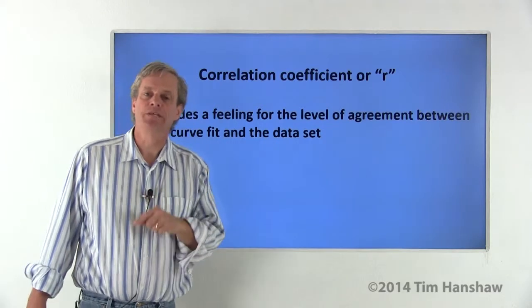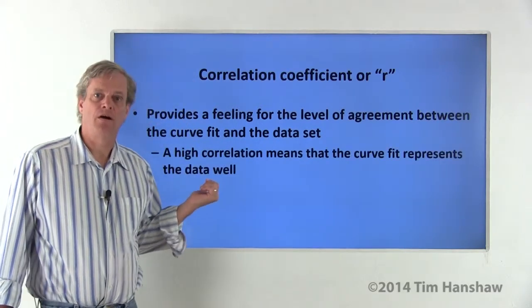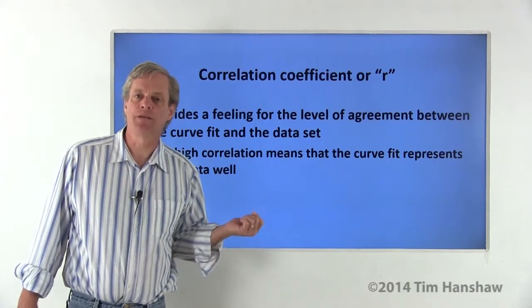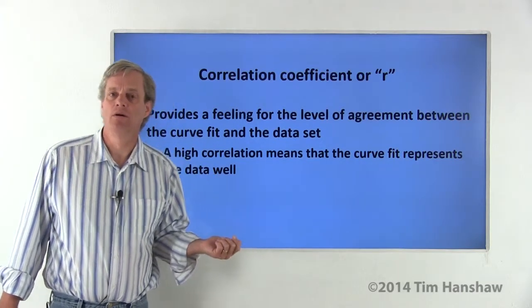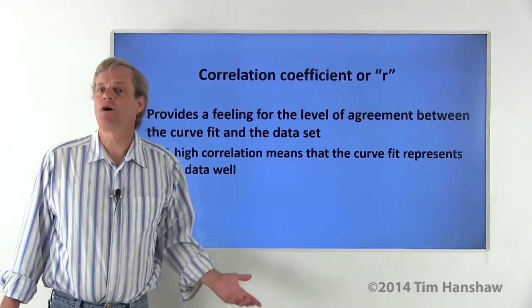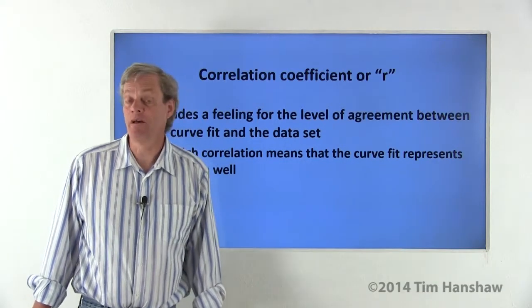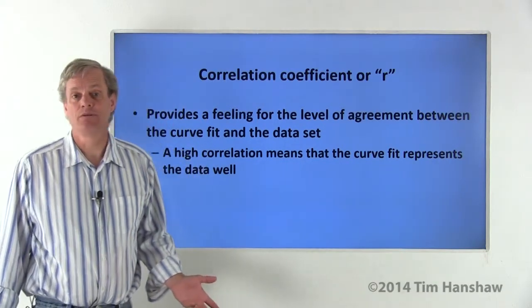R is a number between 0 and 1. A low value of R implies that the curve doesn't represent the information in the data well, while a high value of R means that the curve agrees well with the data. An R of 1 implies perfect agreement between the data and the curve, at least at the data points.